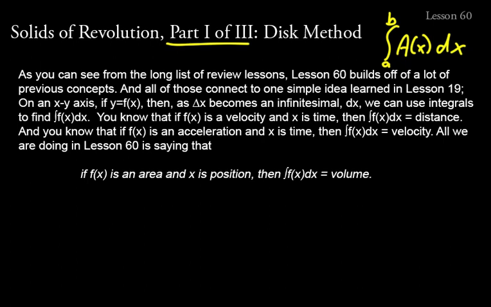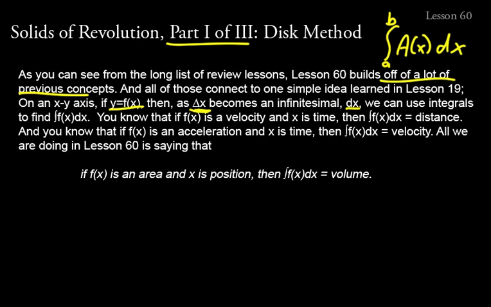And that whole process that we went through, you've got a bunch of lessons that it builds off of, a lot of previous concepts, and they all connect to one simple idea learned in lesson 19. On an xy axis, if y equals f of x, then as delta x becomes an infinitesimal dx, we can use integrals to find the integral of f of x dx.